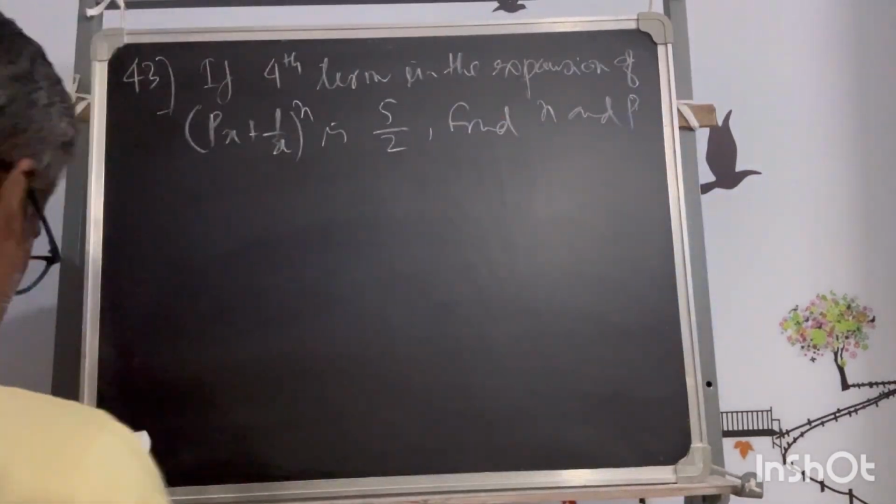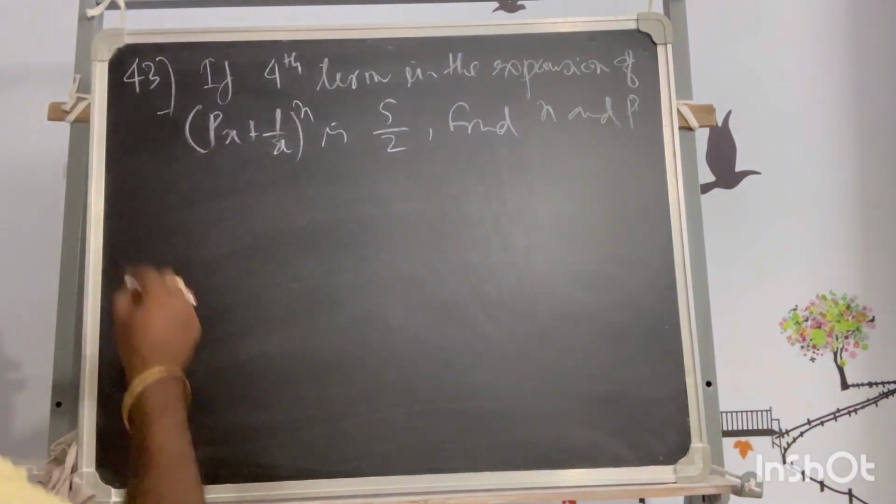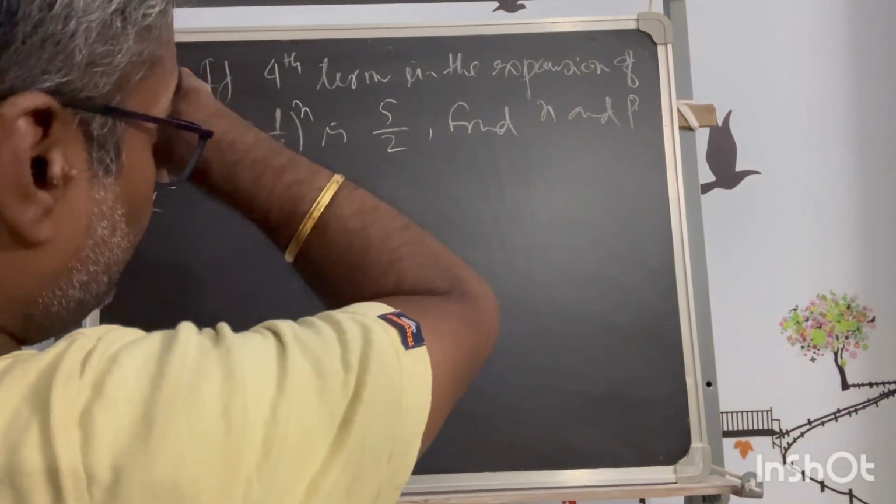So only one condition, and you have to find both the constraints. Options are given, but let us first try without choosing the option, to see if it is possible or not.